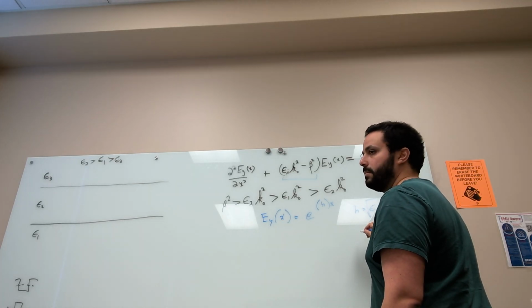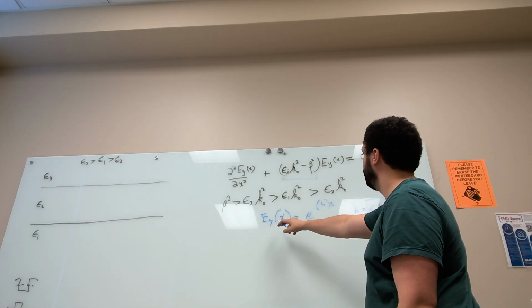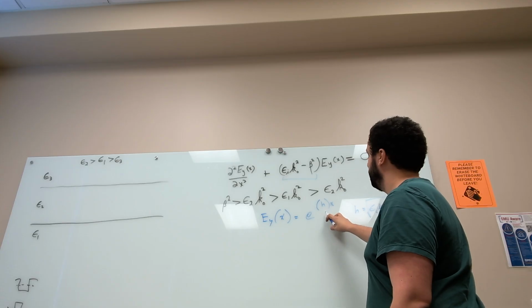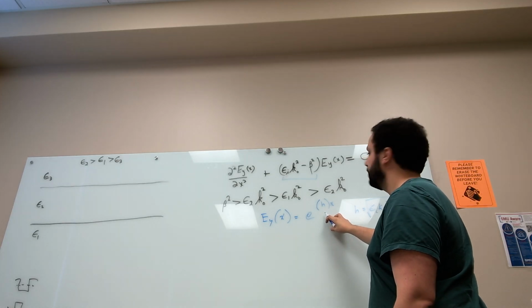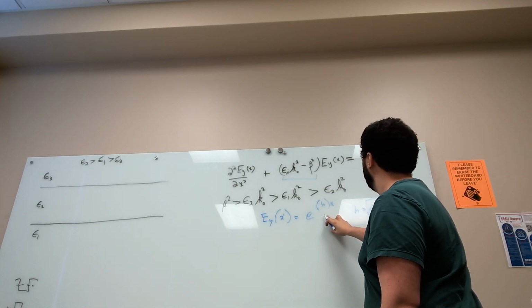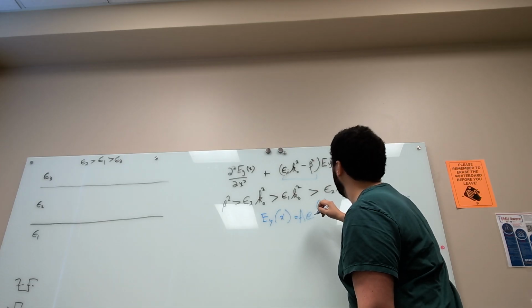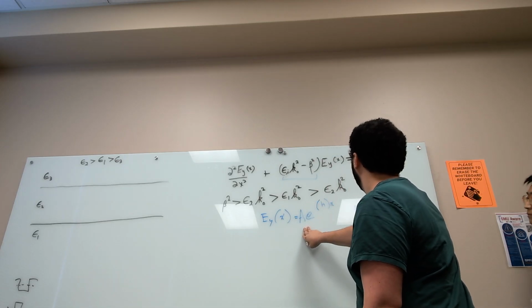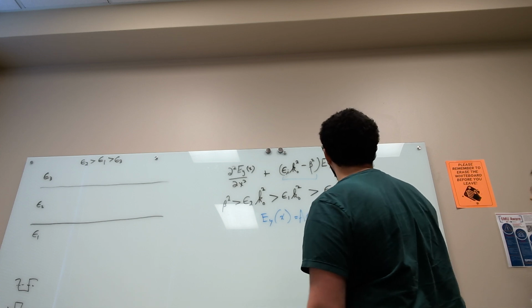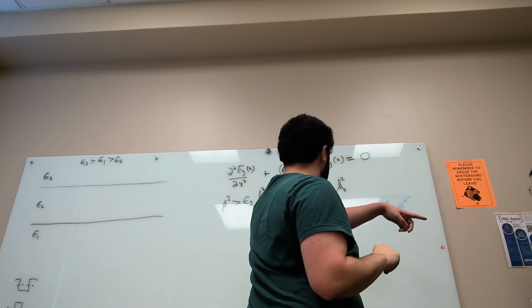Once you've written out the most general expression for EY of x, is that the most general expression? Maybe with some magnitude. I think you need the I. No, because he's right.